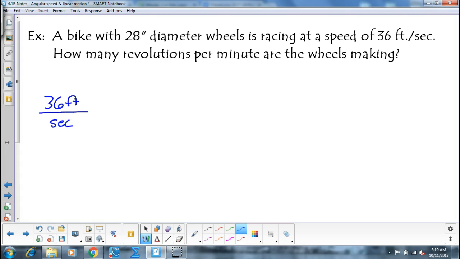We want to get to revolutions per minute. Do you want to change the feet first, or the seconds first? We're going to have to change them both. Change the seconds first. So how many seconds are in a minute?